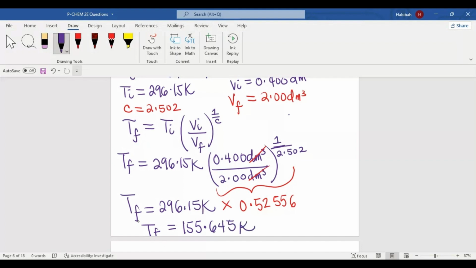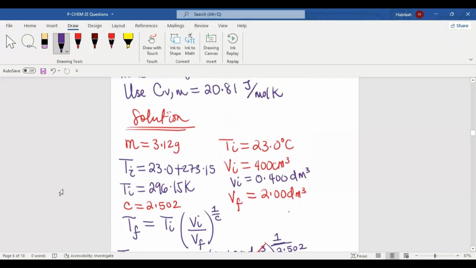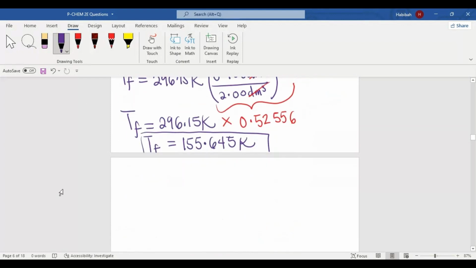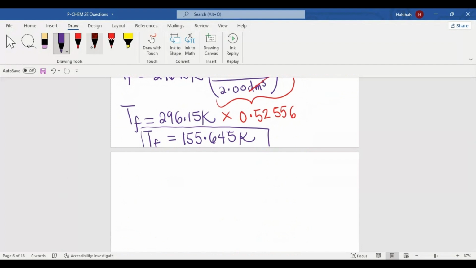So that is basically how you get this done. This is basically how you solve this. So we've gotten the T final, and we know that in order for us to find the work done, which is actually what our question is, we have to have the T final. So rewriting the equation for work done. So adiabatic work done is equal to the number of moles times the molar heat capacity at constant volume times the change in temperature.